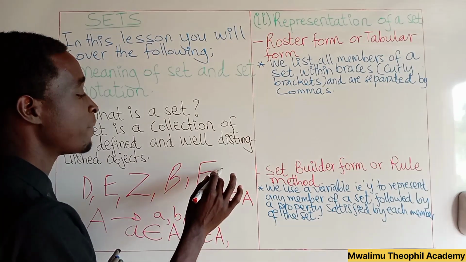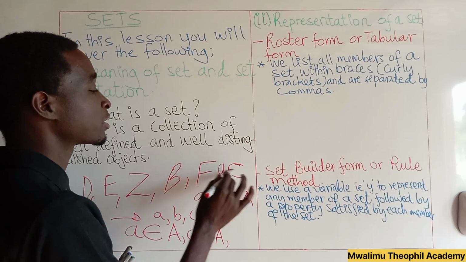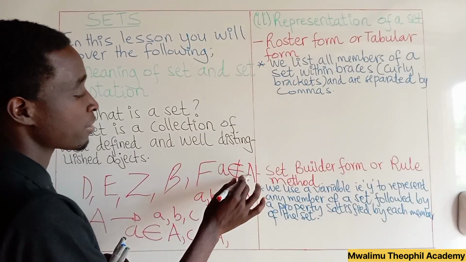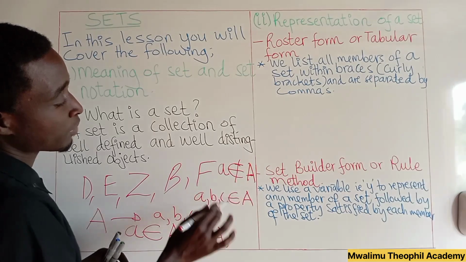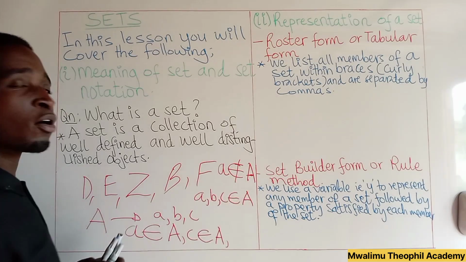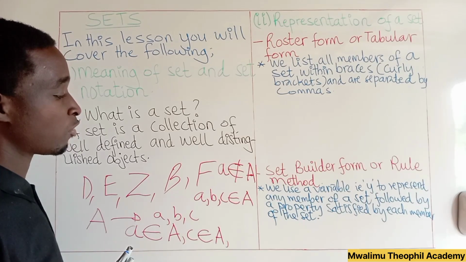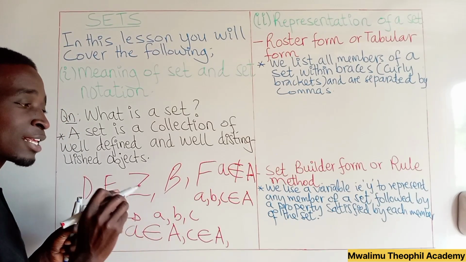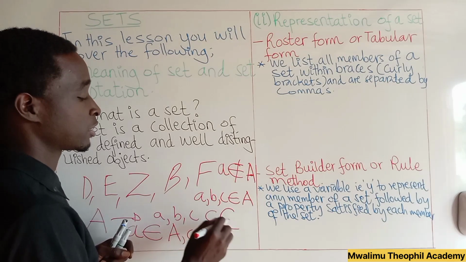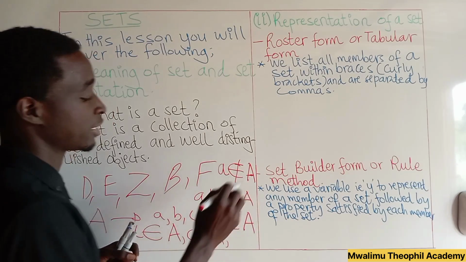You will write element A is not a member of set A, or maybe element C is not a member of A. If element C is not found within the members of set A, we will write as follows: element C is not a member of set A. This way.